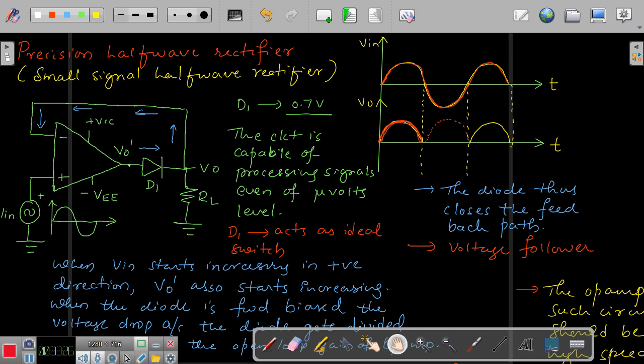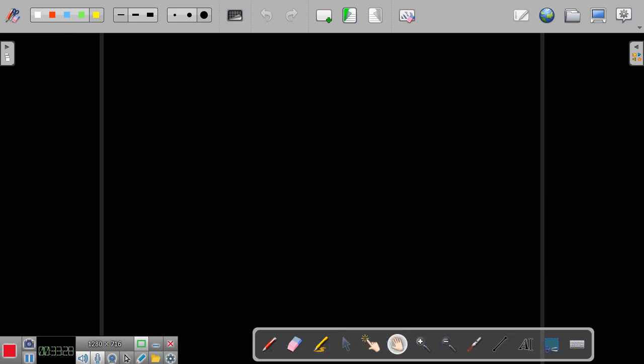Now let us try to look into one more configuration here itself, right? You can just note down this waveform also if you want. So I have the input signal something like this. So this is V in.